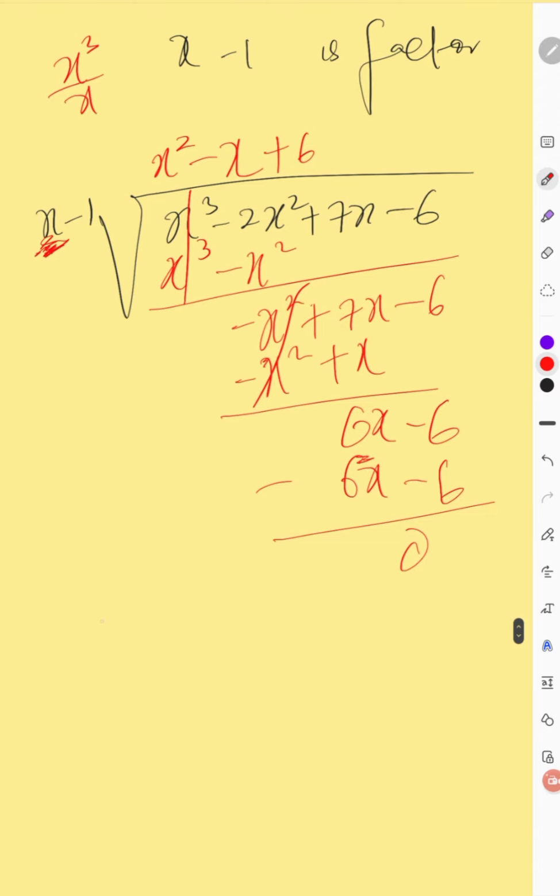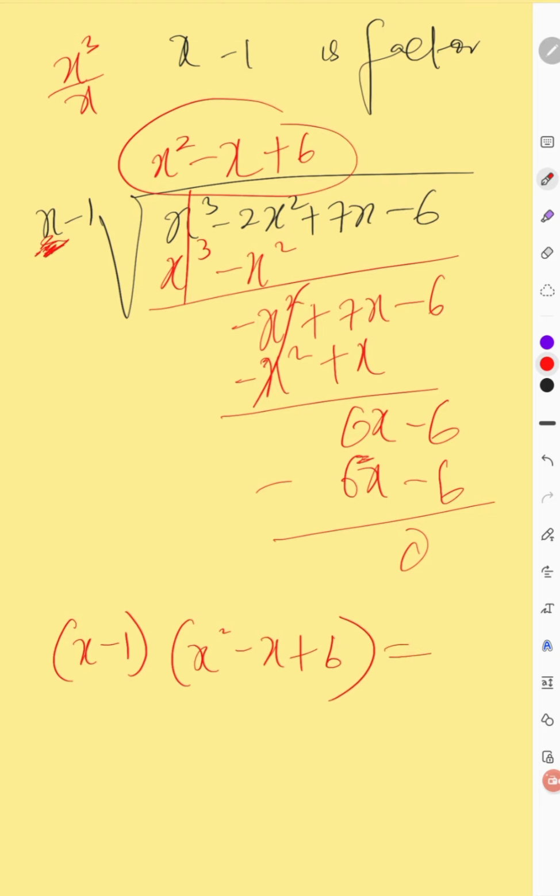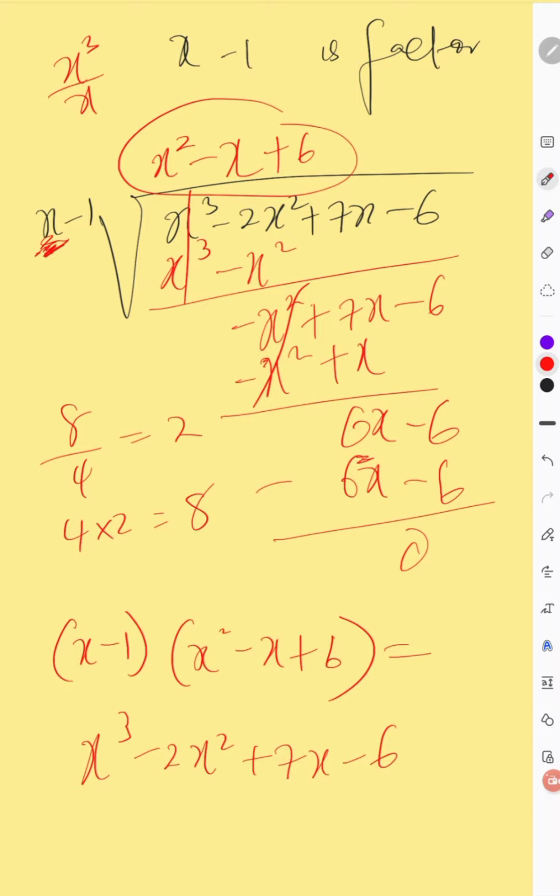Therefore, it is now x minus 1 into x squared minus x plus 6, which we've got here, that will be equal to that polynomial, because when you divide 8 by 4, you get 2, so that 4 multiplied by 2 will give you back your 8. So I've divided this polynomial by x minus 1 and got x squared minus x plus 6. Therefore, this product will give us the same polynomial x cubed minus 2x squared plus 7x minus 6.